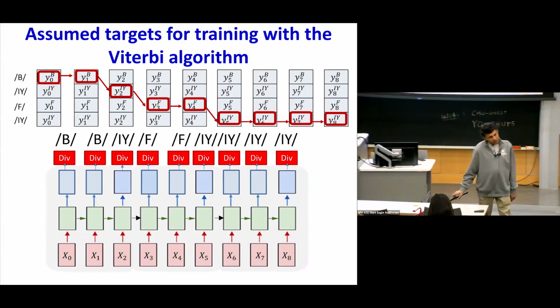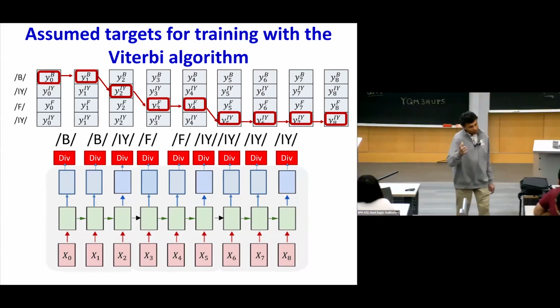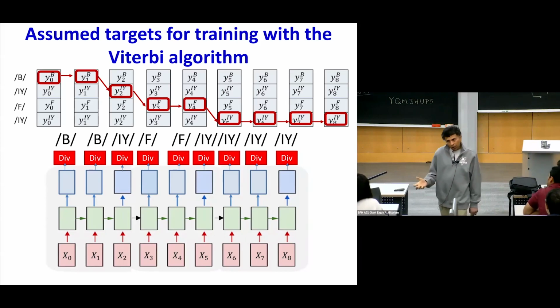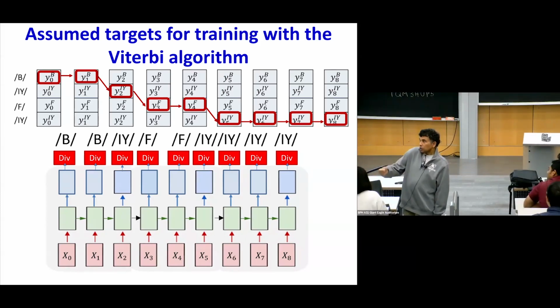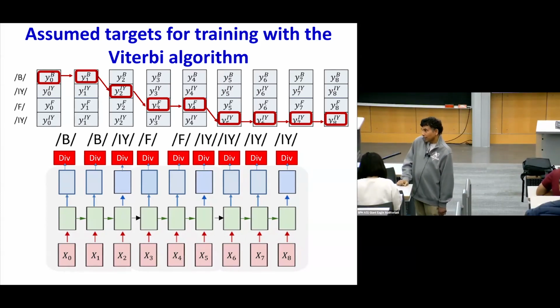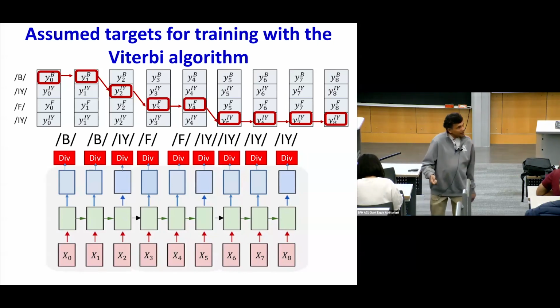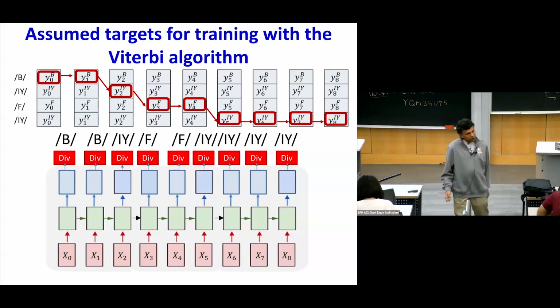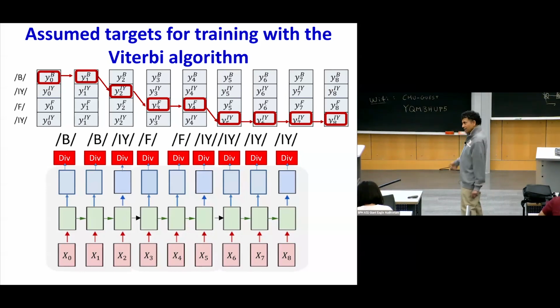And so now you can use this new target. You started off with some initial random guess by your model. You initialized your model. You could use the model to align your symbol sequence to the input. So now you have an alignment of the symbol sequence to the input. You can use this alignment as your target, and you can update your model, right?